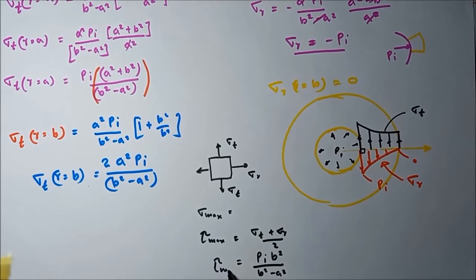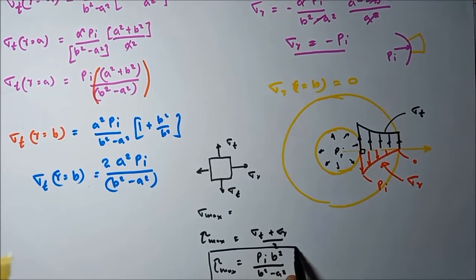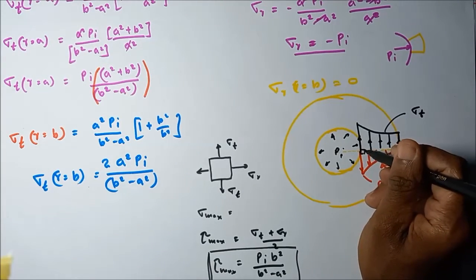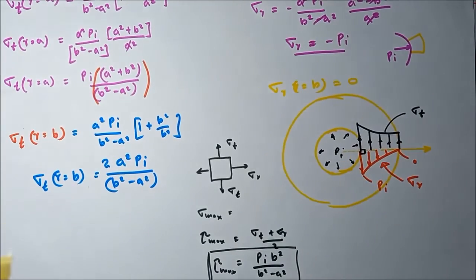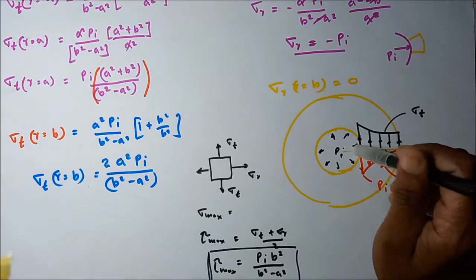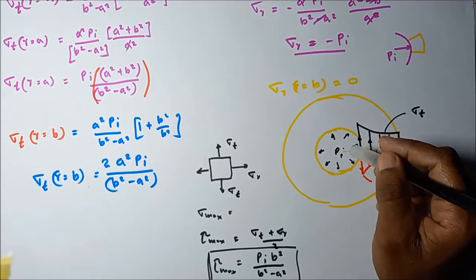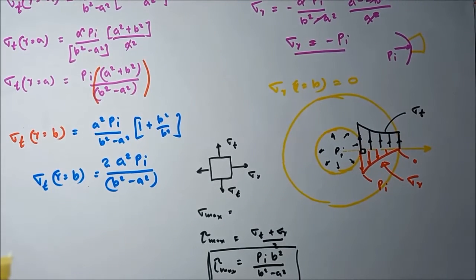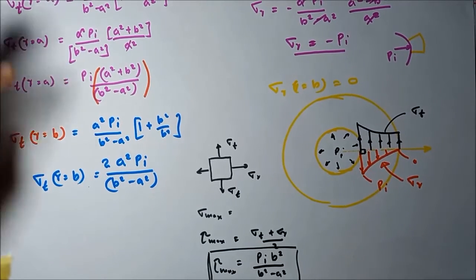This is the tau maximum shearing stress developed due to these two normal stresses acting on it. So remember, if the maximum stress values are given, we can calculate whether failure occurs if we know the maximum principal stress and also the maximum shearing stress developed. These we are calculating for the cylinder under internal pressure only situation.